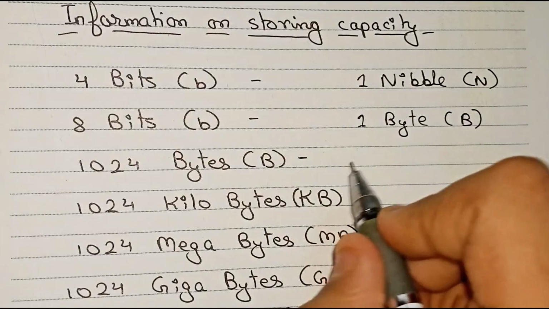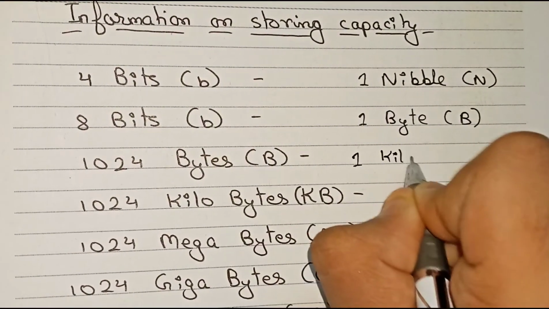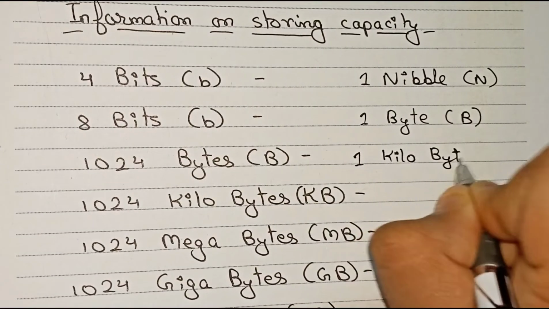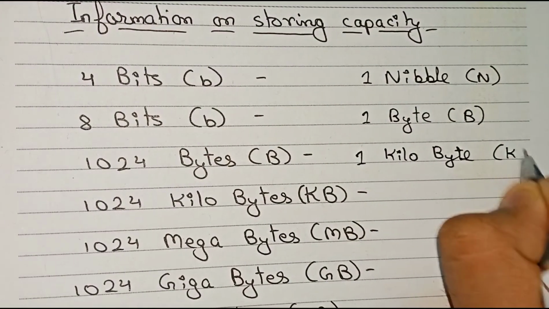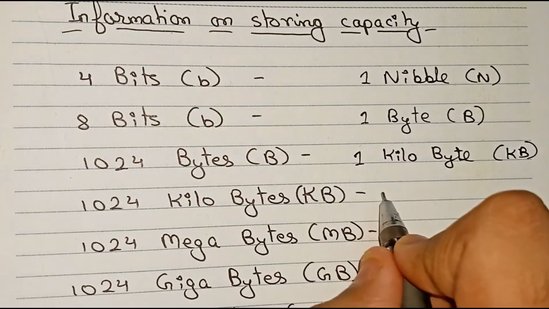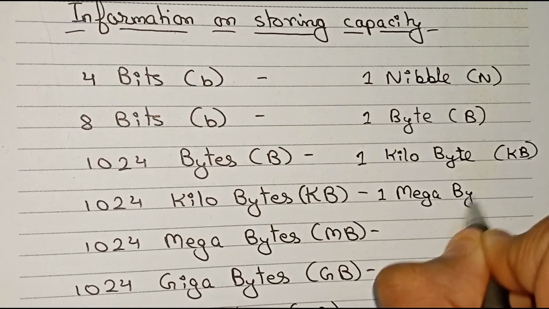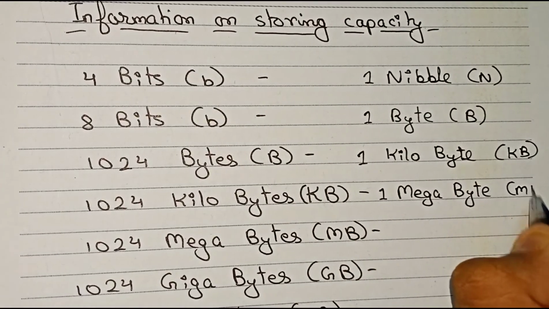Now 1024 bytes is equal to 1 kilobyte, short form KB. Now 1024 kilobytes is equal to 1 megabyte, that is MB.